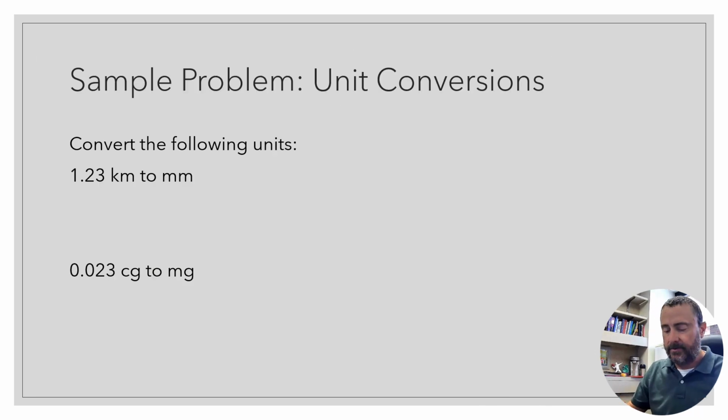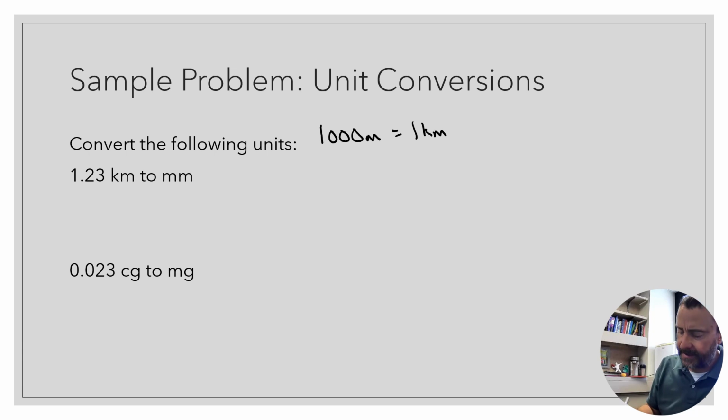I've got 1.23 kilometers, and we want to convert that into millimeters. As I said on the previous slide, there are 1,000 base units, so meters, equal to 1 of the kilometers.